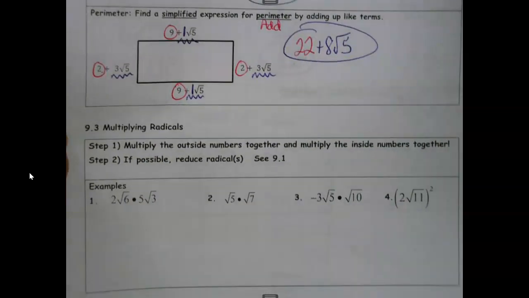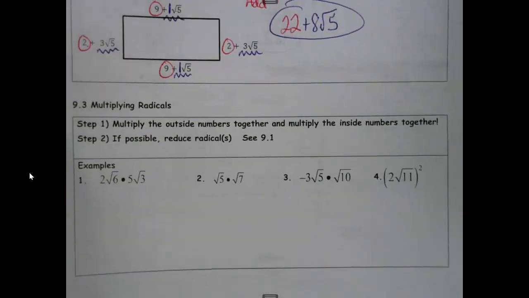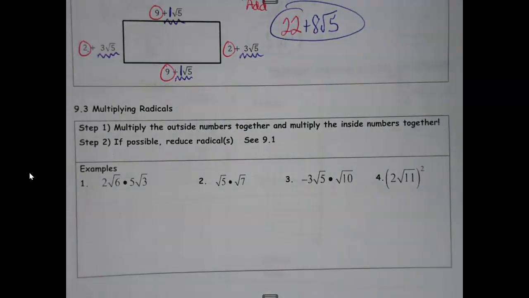So for now, we are here at the bottom of page 2 of the notes, right below adding and subtracting, for multiplying radicals. Step 1: multiply the outside numbers together and multiply the inside numbers together. Okay, we can do this.